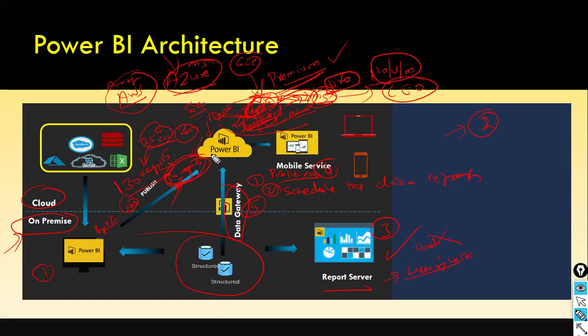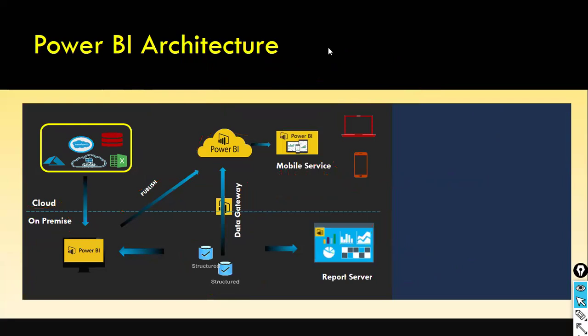In that case, the Power BI Cloud Service will read the data from your on-premise office server, and then push the data back to your Power BI Cloud Service, so that these 30 reports will have the up-to-date information. Got it?